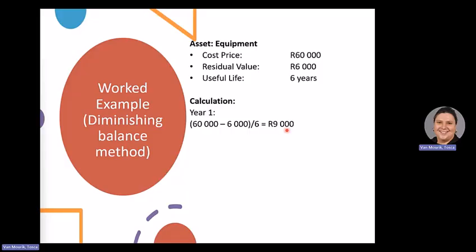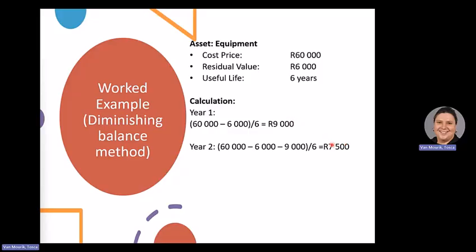How will that differ from year 2? Well, remember we are busy with the diminishing balance method. So for year 2, we will have to take into account the previous years of depreciation. We call that accumulated depreciation. So it's my 60,000 less my residual value less the previous year's depreciation divided by 6.